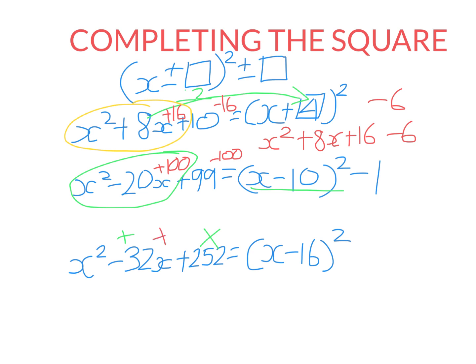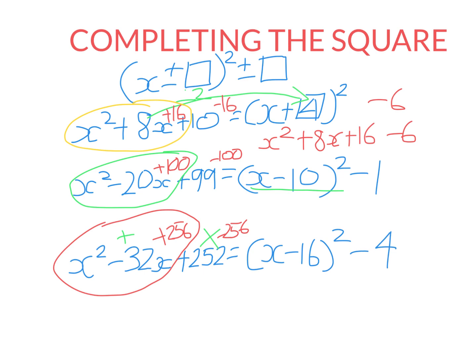You always get a positive when you square these numbers. So this part here is my perfect square, (x minus 16) squared. To compensate for adding 256, I need to subtract it. Otherwise, it won't be balanced. So 252 minus 256 leaves us with negative 4.